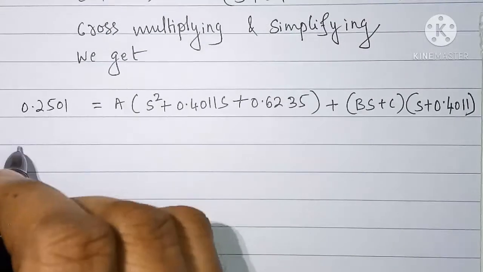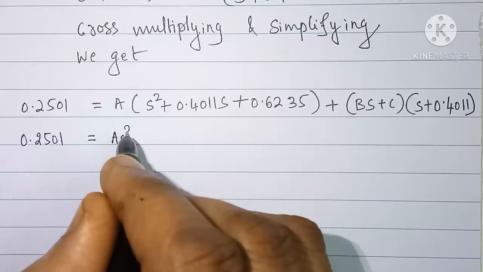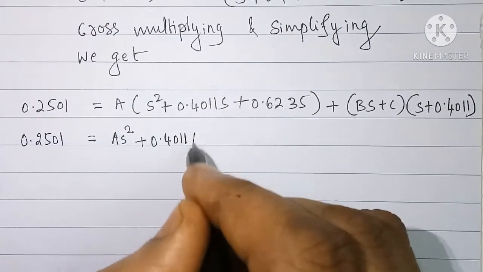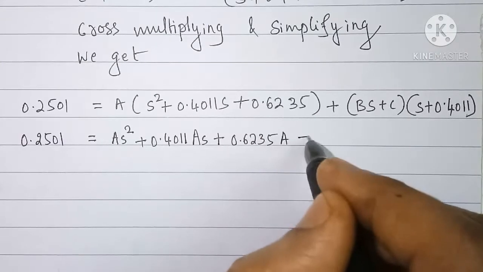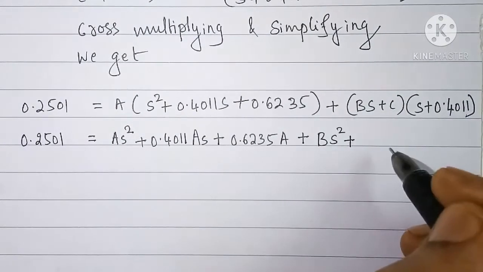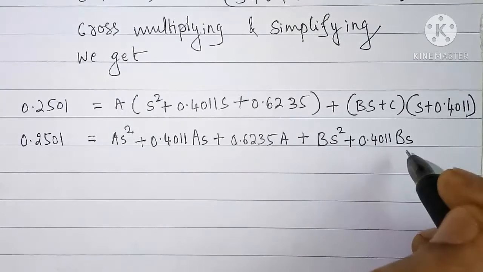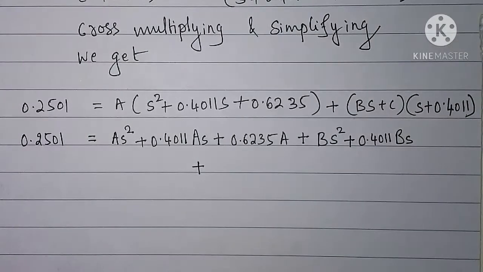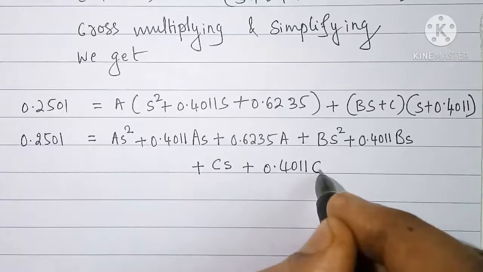Multiplying and further simplifying, we get 0.2501 equal to as square plus 0.4011 as plus 0.6235 a plus bs square plus 0.4011 bs plus cs plus 0.4011 into c.